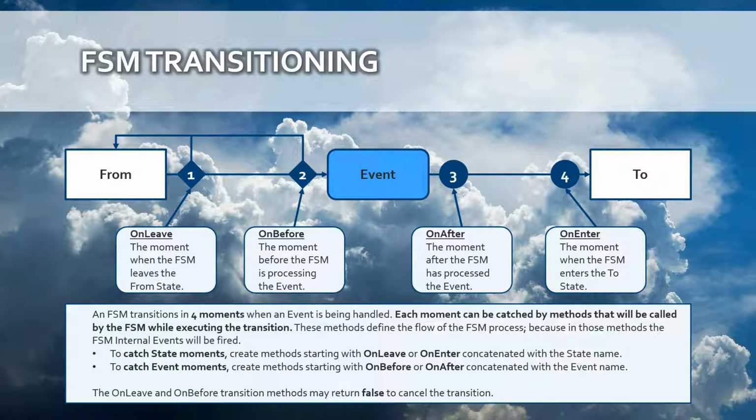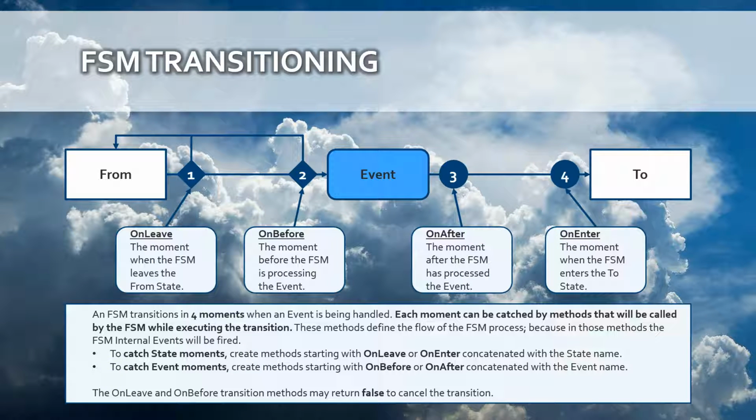So let's talk about transitioning in a bit more detail. When a transition happens, so when it can be executed, during the transition execution there are actually 4 moments that are being evaluated during the transitioning process. Those moments are on leave, on before, on after, and on enter.